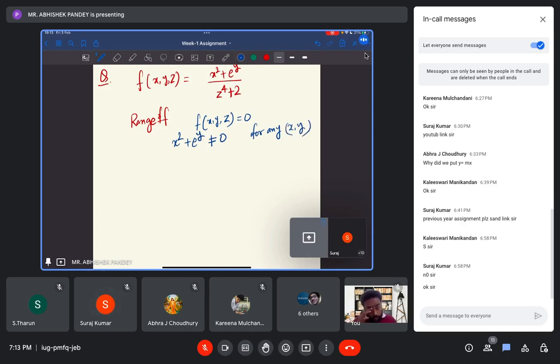Is it clear? This cannot be 0 because if this is 0, suppose x square is 0, then e to the power y should be 0. Okay, and e to the power y will not be 0.